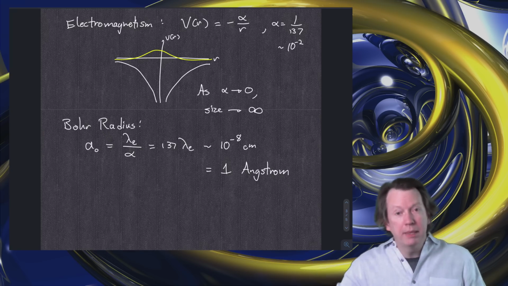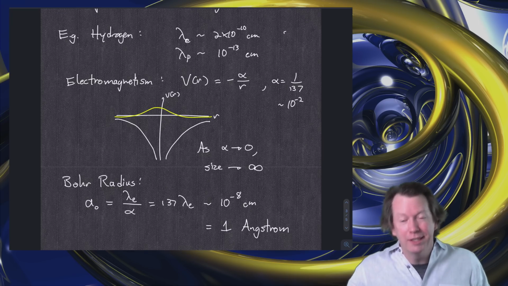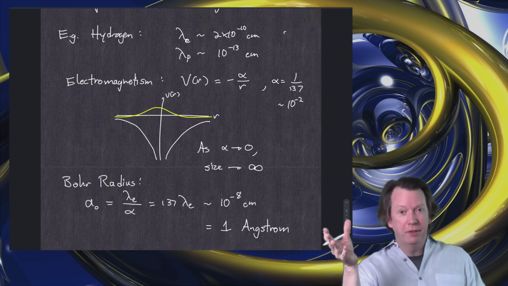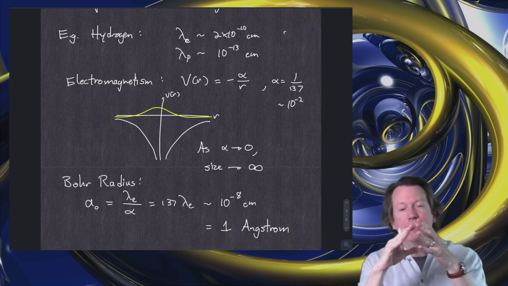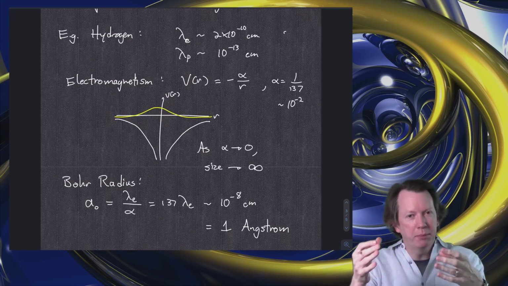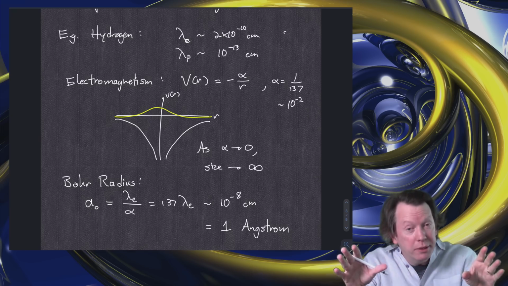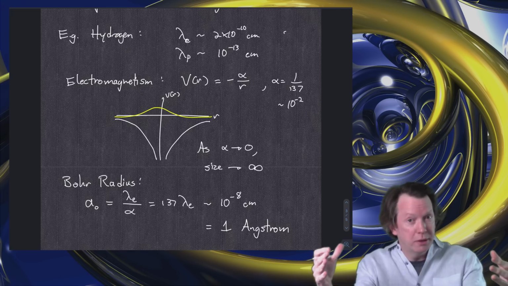And as it turns out, that's basically it. It's not just hydrogen that this is the size of. The Bohr radius is roughly the size of a hydrogen atom. It's also roughly the size of every other atom. The atoms do become bigger as you add more protons and neutrons. The nucleus becomes heavier. That's completely irrelevant to the size, because the nucleus is very tiny. The number of electrons, though, also goes up.